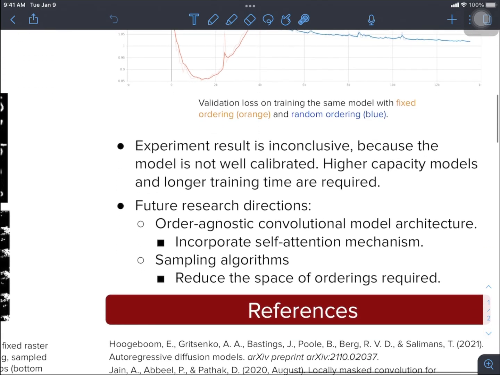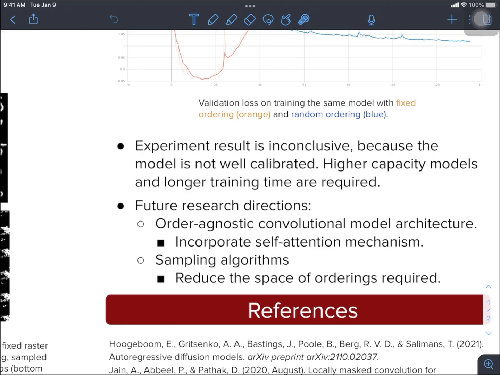This leads to future research directions. We can improve the convolutional model architecture. In this case, I haven't used a self-attention mechanism, and obviously it can have higher capacity.